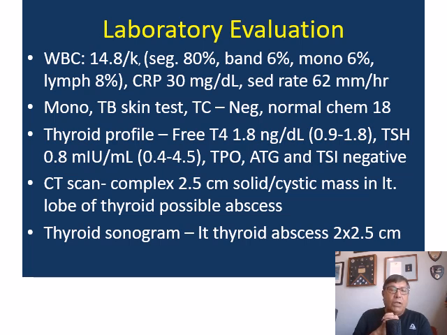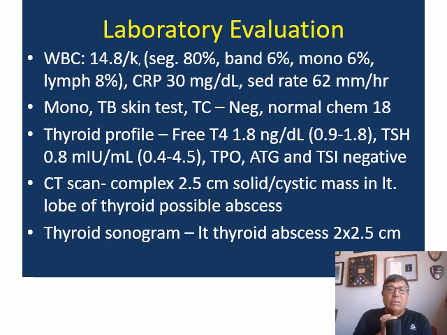We did a mono test, TB skin test, and throat culture; those were all negative. She has a normal chemistry profile. Her thyroid profile shows a completely normal free T4 and TSH, and she has negative thyroid peroxidase and anti-thyroglobulin antibodies, and thyroid stimulating immunoglobulin was also negative.